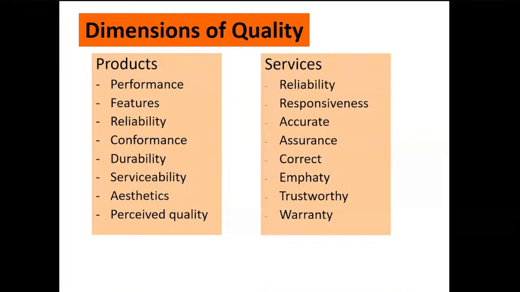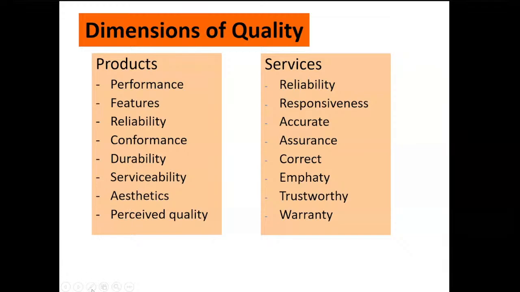Okay, so the dimension of quality itself is basically whether you want to have a products base or services base. Then you look into its performance, features. Sometimes features are add-on values, or reliability. Of course, we want reliable products and they must conform to the specifications.